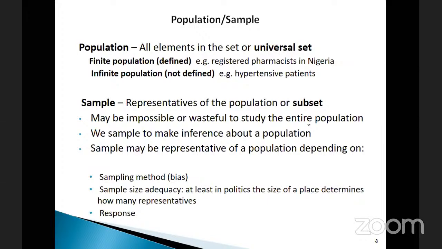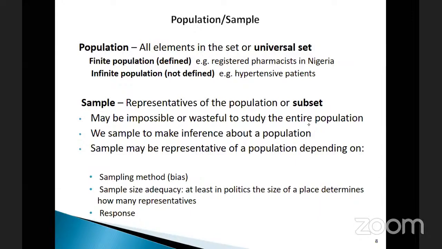You may not even know the entire population. Even if you know the entire population, do you have all the time? Do you have all the money? Do you have all the resources needed to study the entire population? So you may want to study a sample and use the sample to predict what happens in a population.